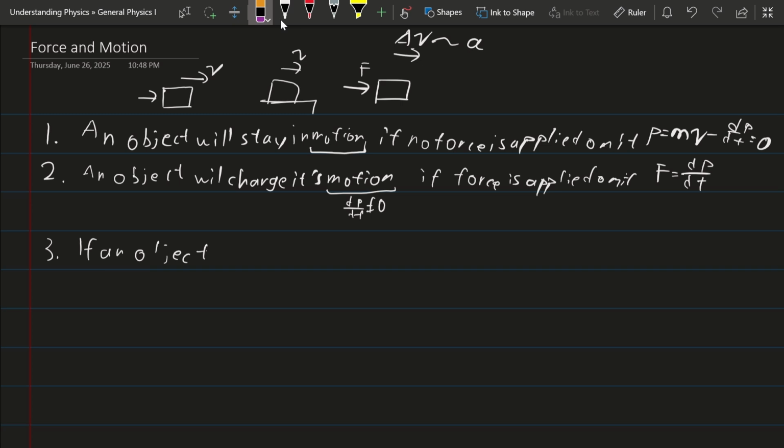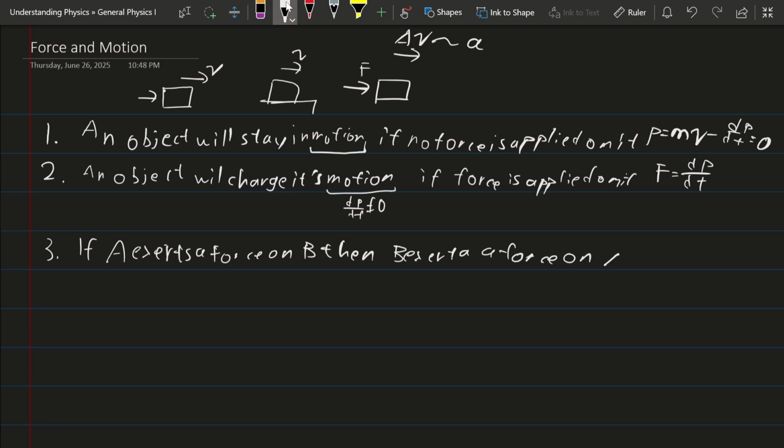If A exerts a force on B, then B exerts a force on A with the same magnitude. And so this is basically the action-reaction.